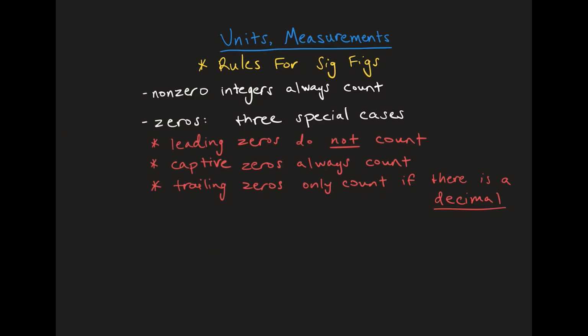Next, captive zeros, or zeros between non-zero digits, always count as significant. For example, if we have 1.008 millimeters, this number would have 4 significant figures in total because these zeros do count. Lastly, trailing zeros, or zeros at the very end of the number, only count if the number has a decimal point.